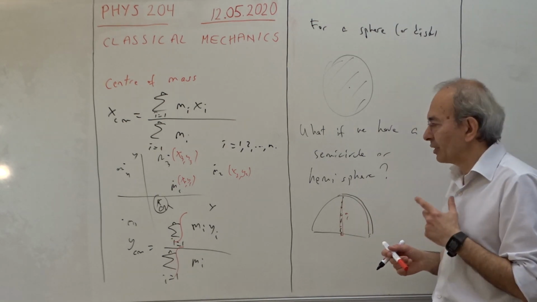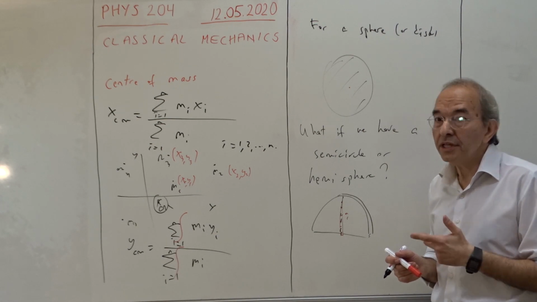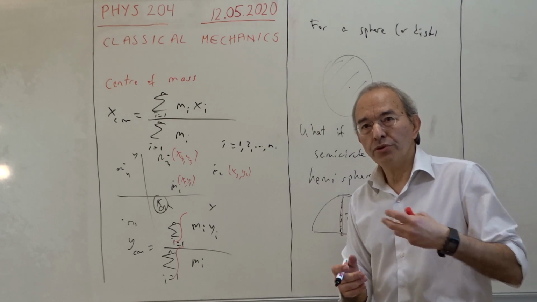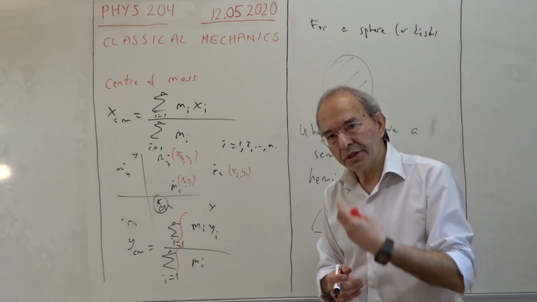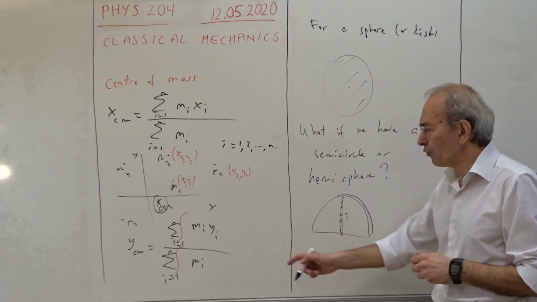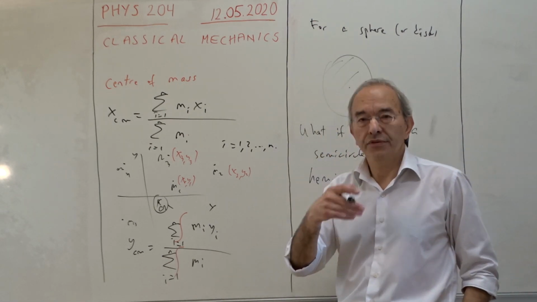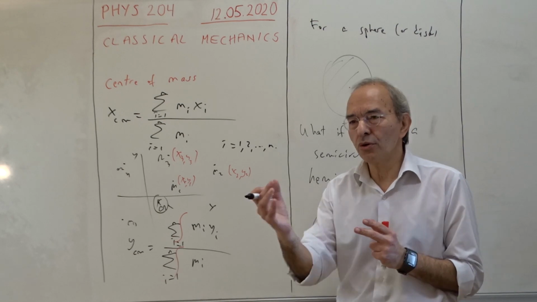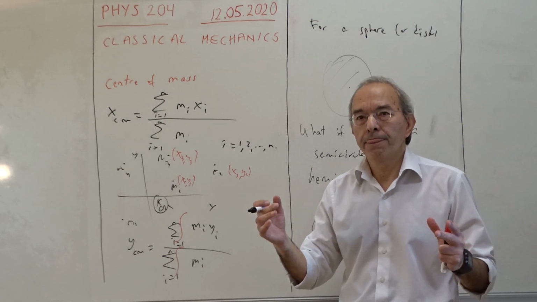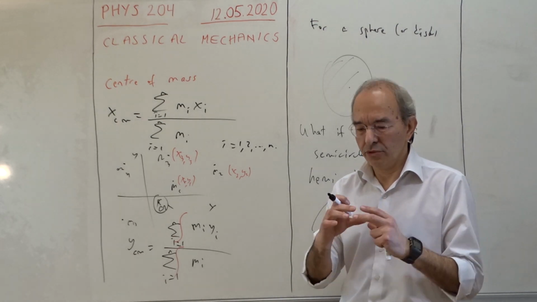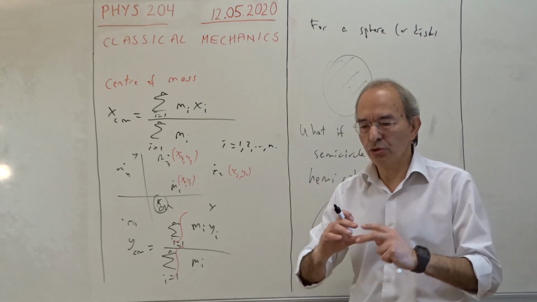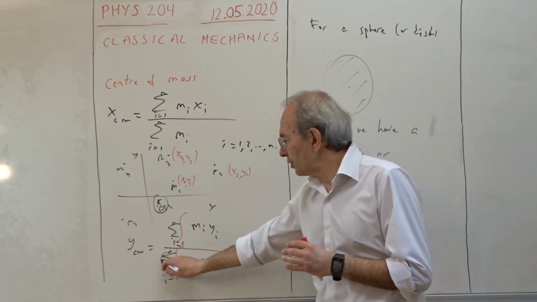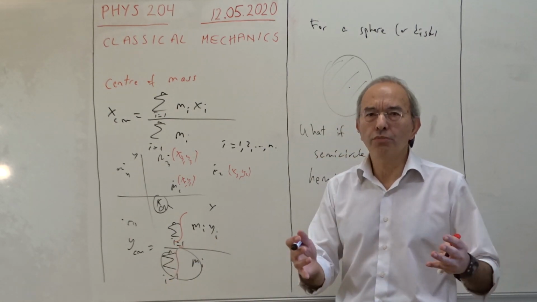So in order to calculate that, we need an integration, because these sums are now turned into two integrals. Of course, if it is a uniform object, uniform meaning in this case having the same density overall, everywhere, same surface mass density or volume mass density everywhere, then the denominator is simply the mass of the object.